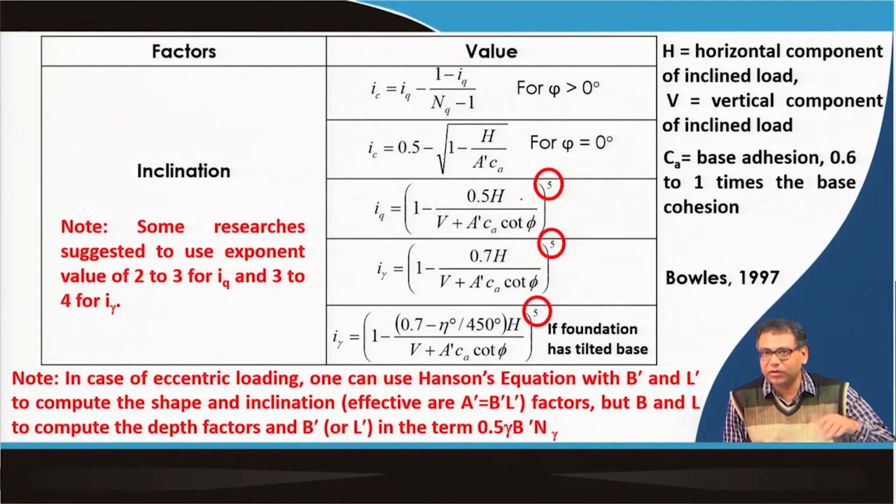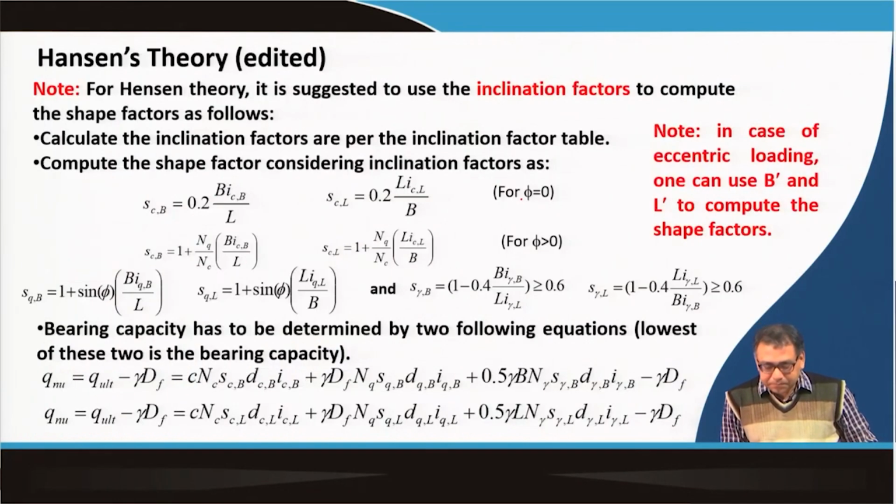Then only I have to go for these two sets. Otherwise, only one set is sufficient. If HL is 0, then only one set is sufficient. If HL is not equal to 0, then you have to go for two sets, that is IQB or IQL. In that case, HB may be 0, may not be 0. Okay, so this is the case where we have to modify that.